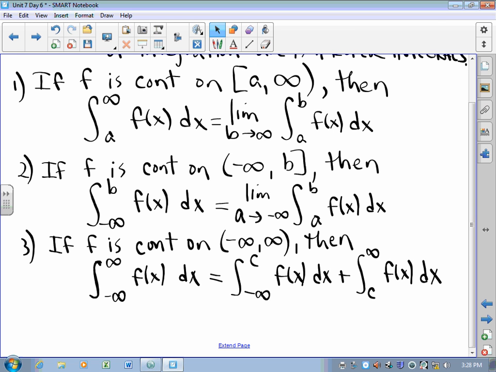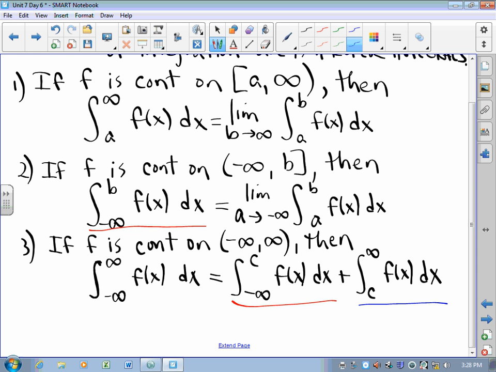In the case where the integral runs from negative infinity to positive infinity, we say, wow, I don't know how to do that, but I do know how to do this, and I do know how to do that because of rules 2 and 1. So we just use this rule for the first one and that rule for the second one.